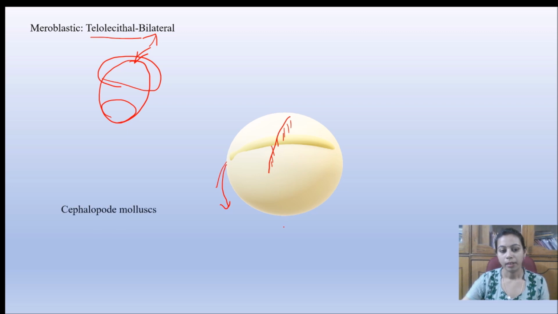Finally, just like in the bilateral cleavage of holoblastic that we have seen, they form mirror images of different cells, or they have a bilateral or mirror symmetry. Such types of symmetry will also be seen in meroblastic.